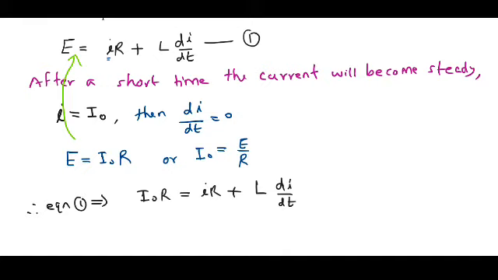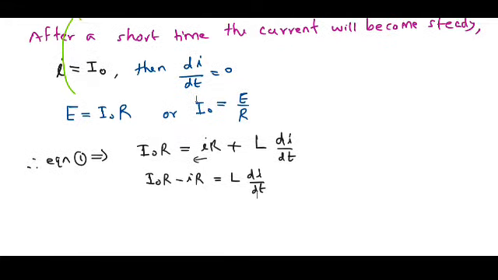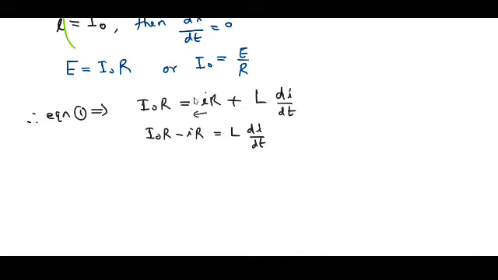I bring this term to the left hand side. There is I0 R minus IR is equal to L di by dt. If I take R outside, it is R times (I0 minus I) is equal to L di by dt.